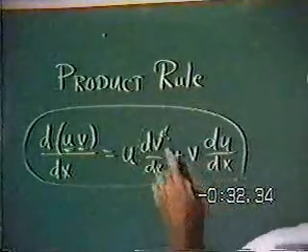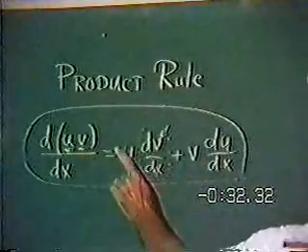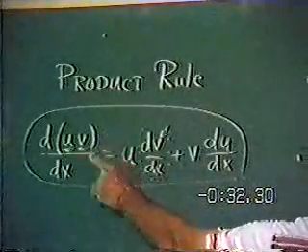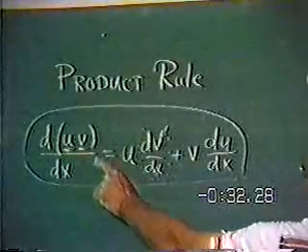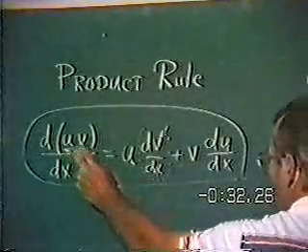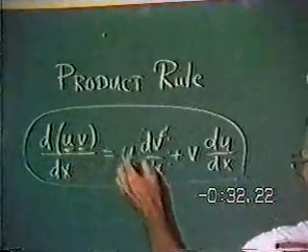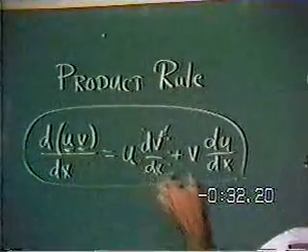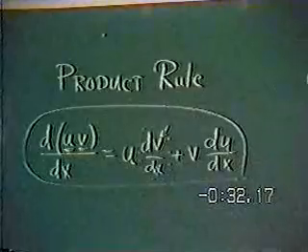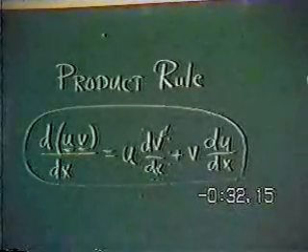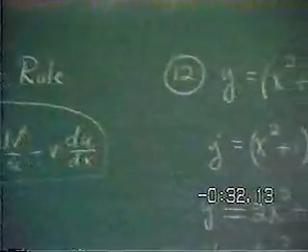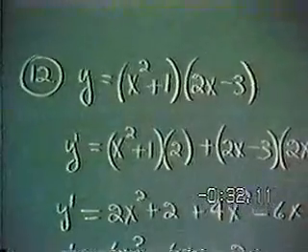It is the concept that you can only take the derivative of one object at a time. So if you have two or more objects here multiplied together, you must only take the derivative of one at a time. Let's look now at the three examples, number 12, 13, and 14, to express what this rule says.